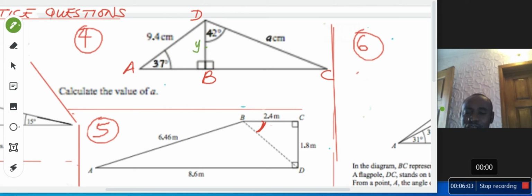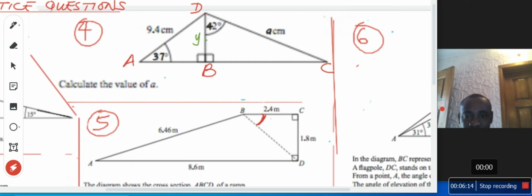Is it adjacent to ADB? No, it's not adjacent in ADB. This line is adjacent for DBC. Yes, I know. But for ADB, it is actually opposite.